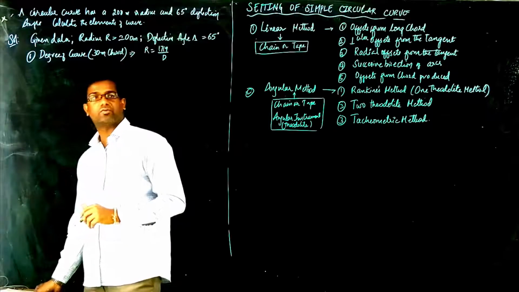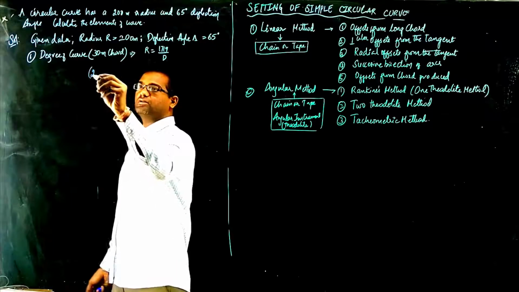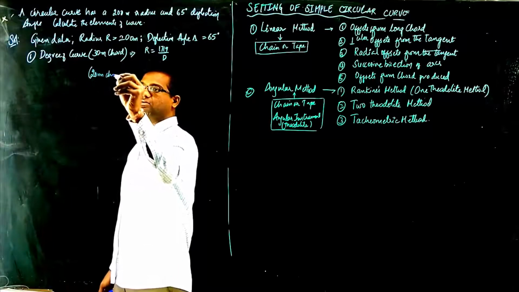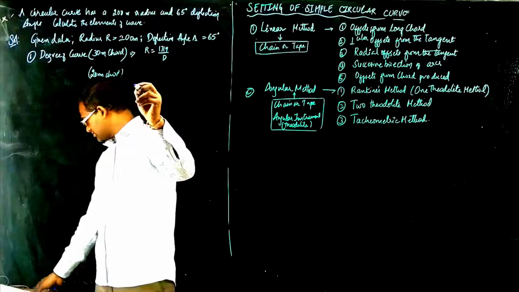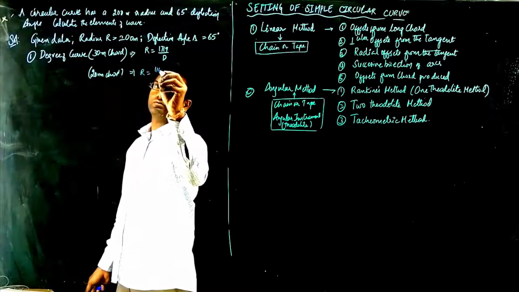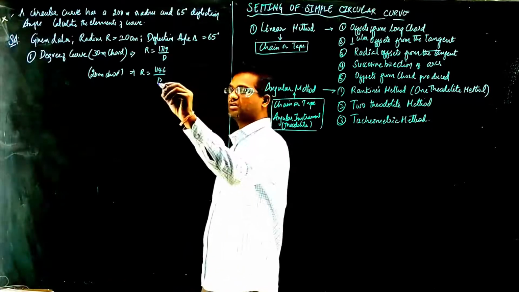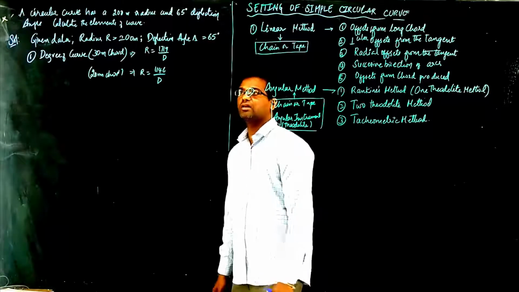If a 20 meters chord is taken, this becomes 1146 by D. These are the two options.